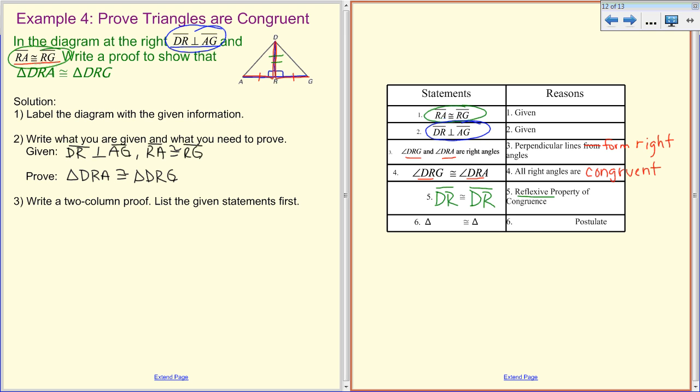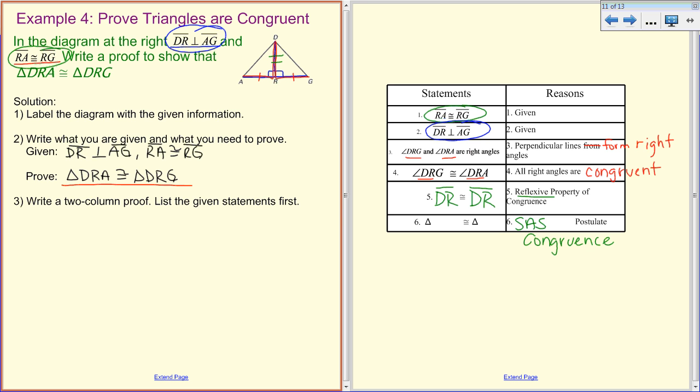So I'm going to use my side angle side congruence postulate, and I can't fit it all in the box, but hopefully you can. And now I need to write that I have congruent triangles. Remember, my final statement is what I'm trying to prove. So triangle DRA is congruent to triangle DRG because I've had side, angle, side.